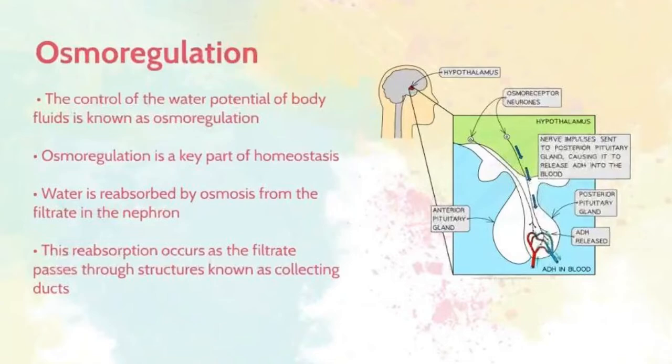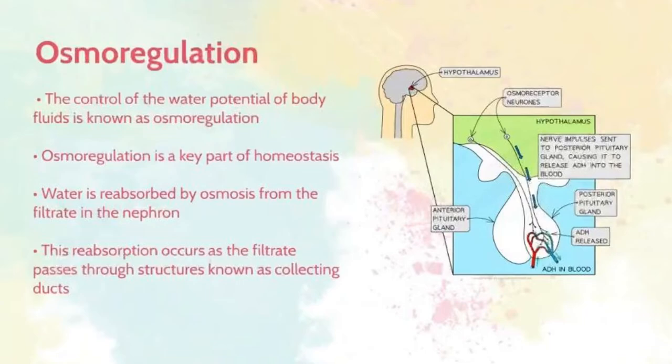And when these osmoreceptors detect a decrease in water potential, they send nerve impulses along the sensory neurons to the posterior pituitary gland. And this is another part of the brain just below the hypothalamus. And these nerve impulses stimulate the posterior pituitary gland to release a hormone called the antidiuretic hormone, or ADH for short.